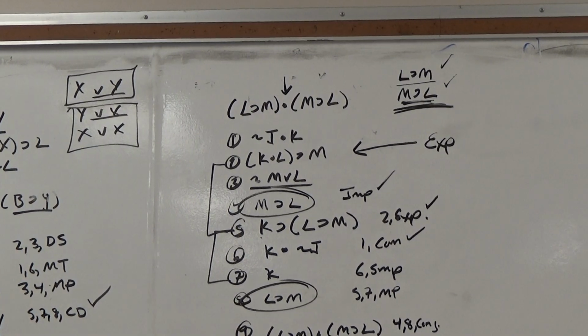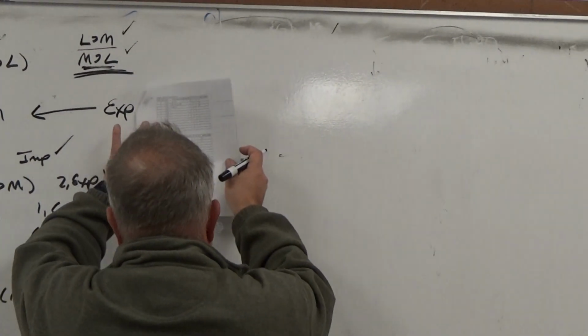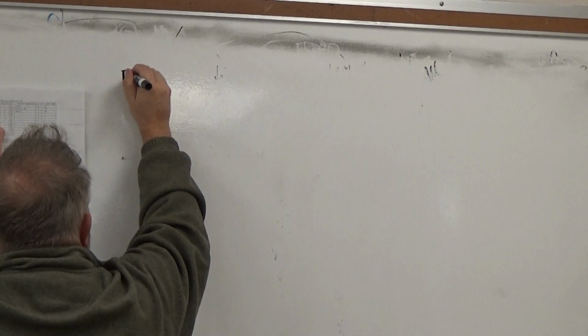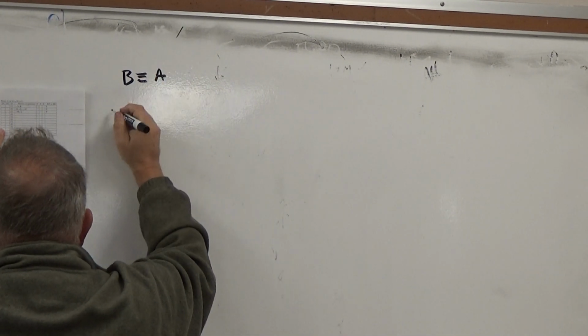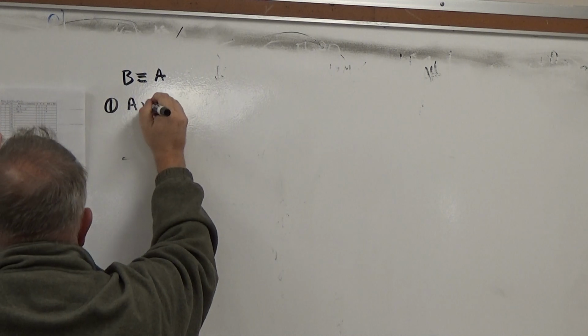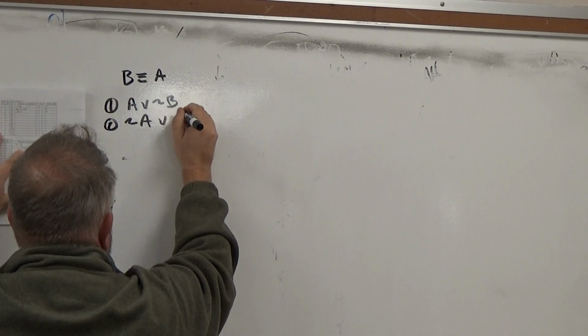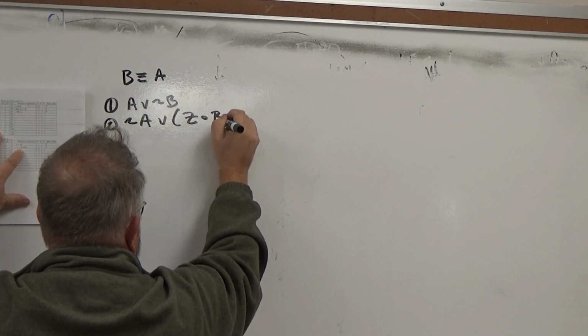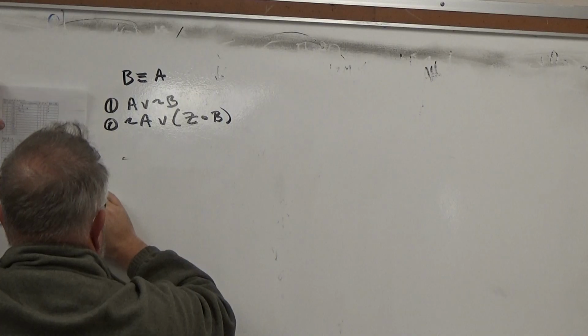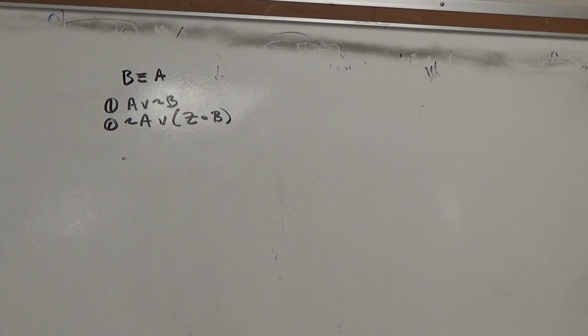So 6. B, if and only if A is what we have to get to. We have A or not B. We have not A or Z and B. Okay, this is a biconditional, there is no biconditional in the premises, okay?